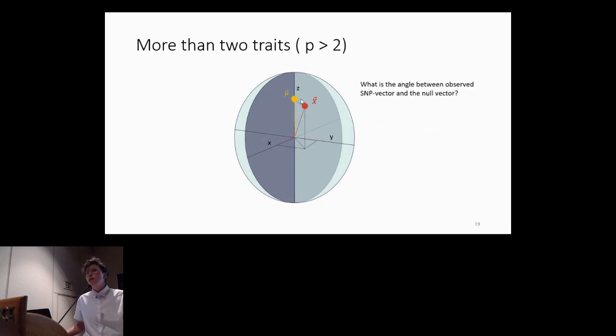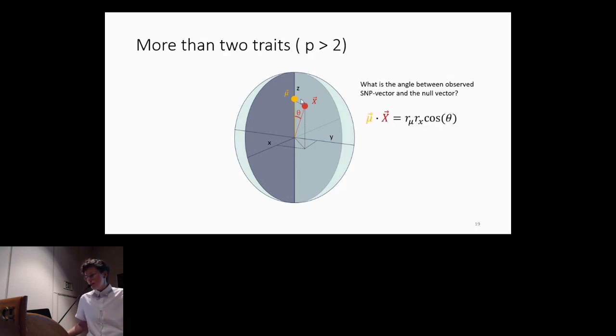And now we've redefined the problem to what is actually the angle between the observed SNP vector, the red X1, and the null hypothesis vector, the mu vector, the yellow one. So this angle. And fortunately, the angle between 2 vectors is always in a 2D plane, no matter the number of dimensions we're considering. So this really makes the analysis much easier.